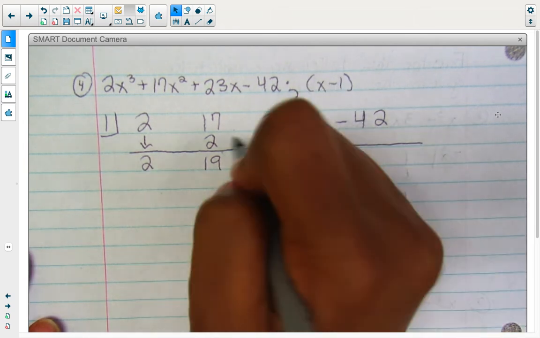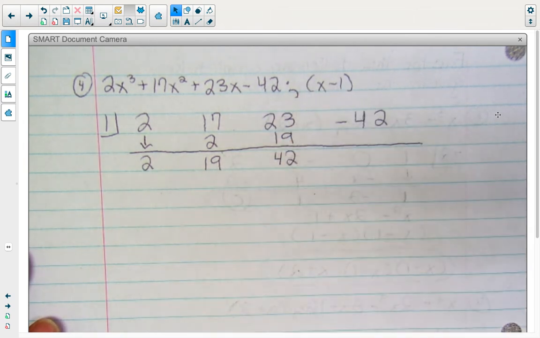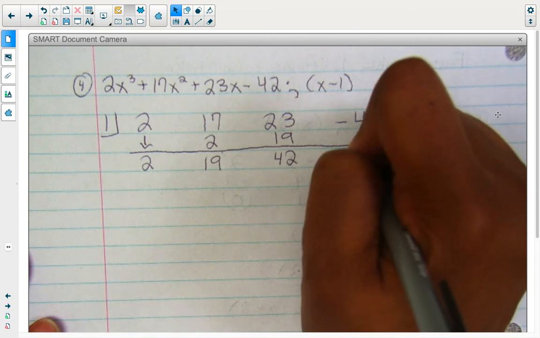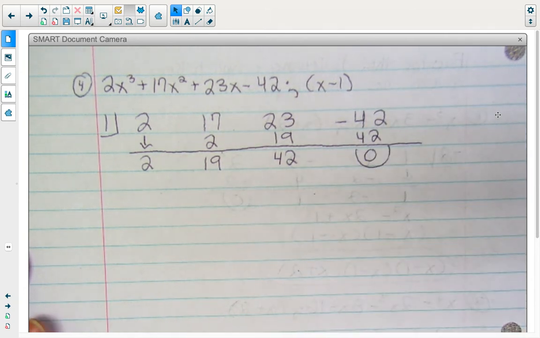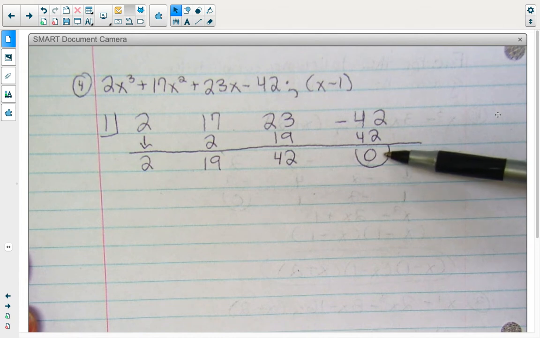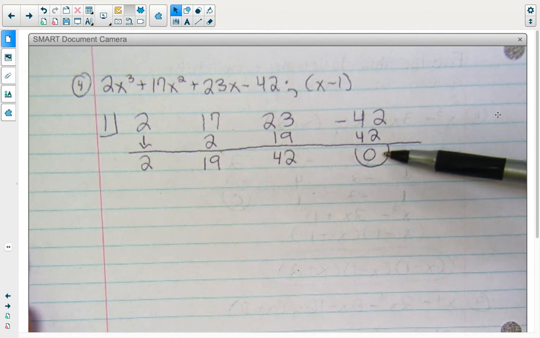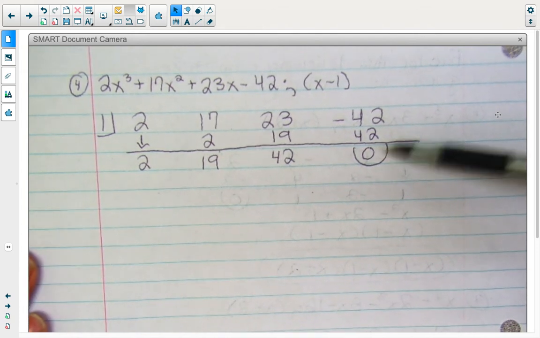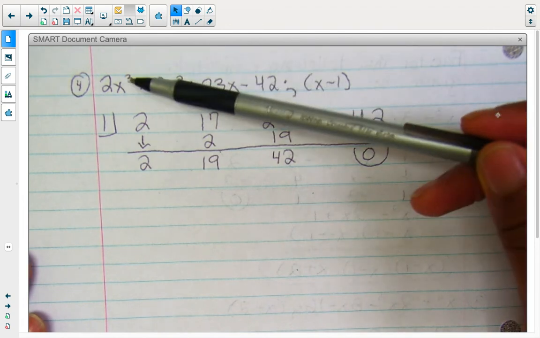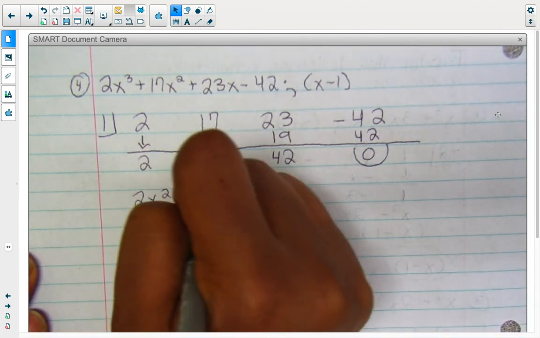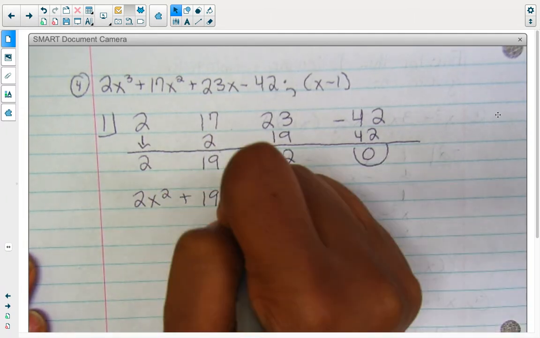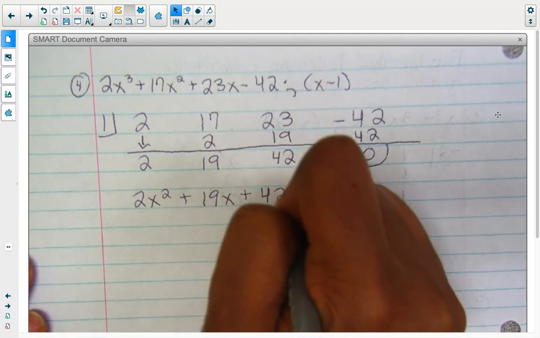Add these 2 together, I got 42. 42 times 1 is 42. Add these 2 together, 0. So we know we did a good job with synthetic division because I got a 0 here. Now let's write the answer out. We started x to the 3rd. This is going to give me x squared plus 19x plus 42.